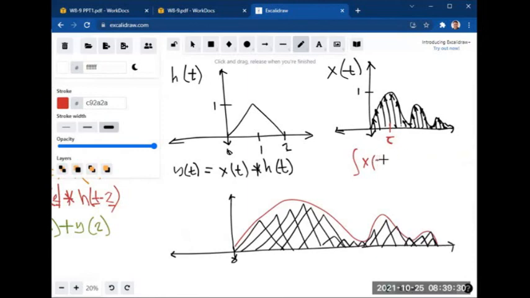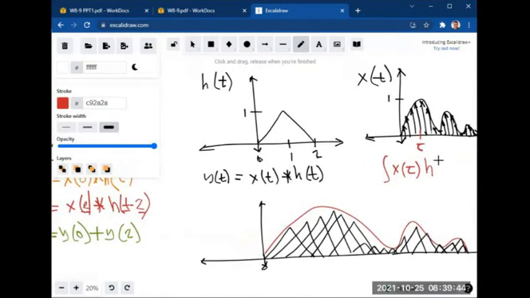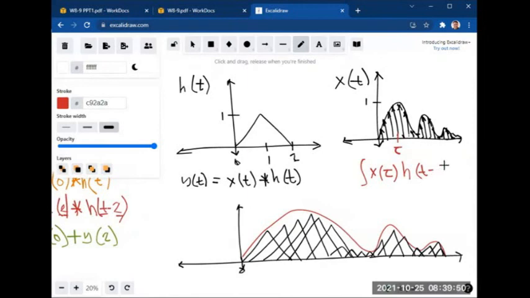So we have x of tau, convolved with h of t minus tau, d tau.